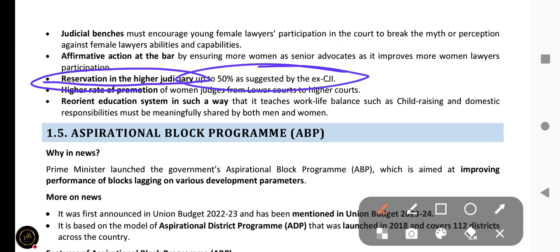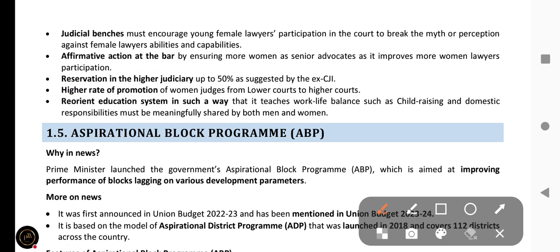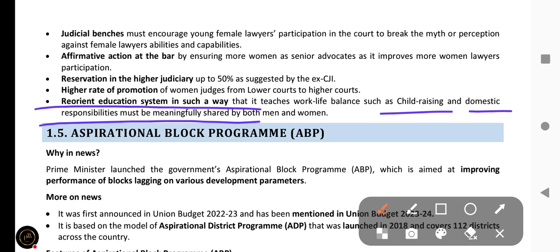Higher rate of promotion of women judges from lower courts to higher courts. Reorient education system in such a way that it teaches work-life balance, such as child raising and domestic responsibilities must be meaningfully shared by both men and women. You can remember this, okay?